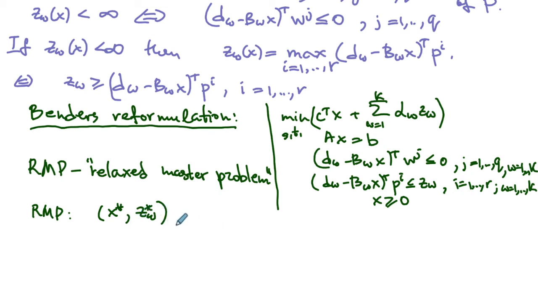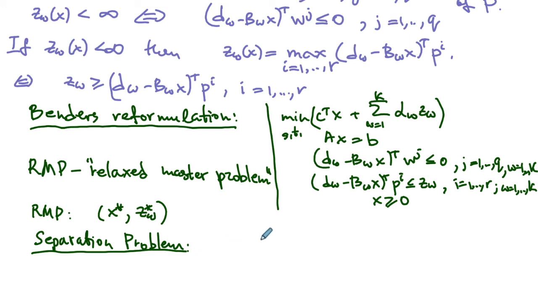So to verify if x star, z omega star indeed satisfies all the constraints in the master problem, we need to solve what we call the separation problem. The separation problem checks whether a given point belongs to the polyhedral set, and if it doesn't belong to the polyhedral set, then it finds a constraint that is violated. This constraint is the one that separates our point from the set, so that's why it is the separation problem.